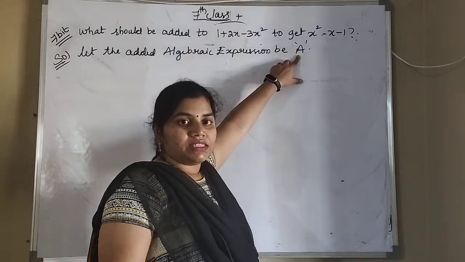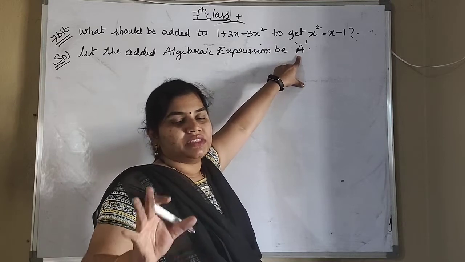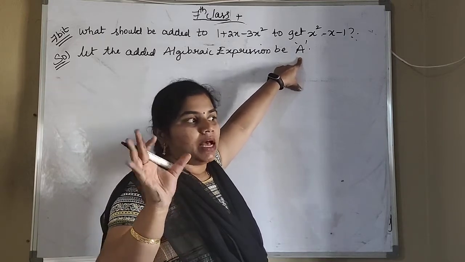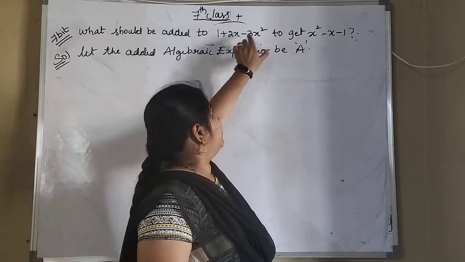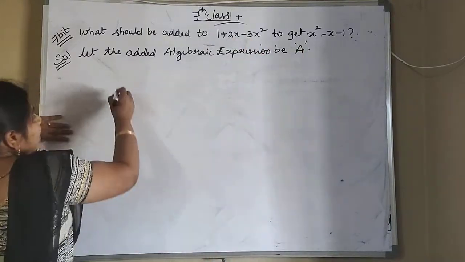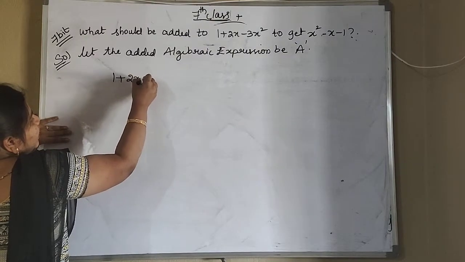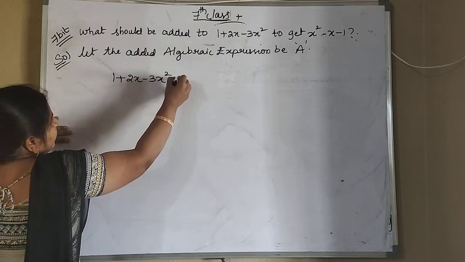That is A. A is a variable which I don't know what is the expression. Okay, so I am assuming the expression in the form of A here. So this A I will add to this value. So what is that? 1 plus 2x minus 3x square plus A.